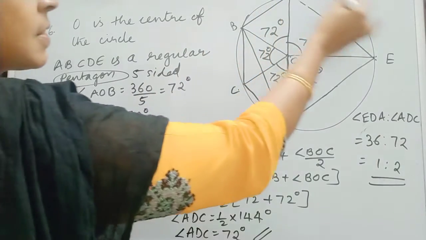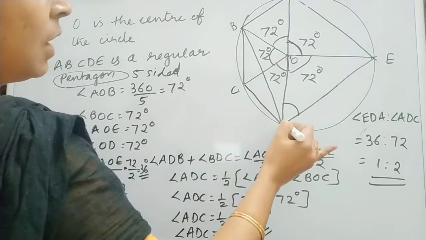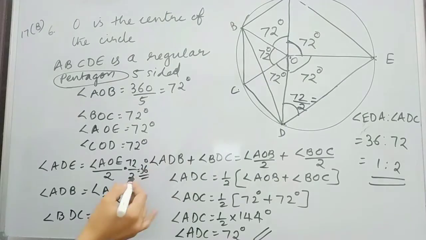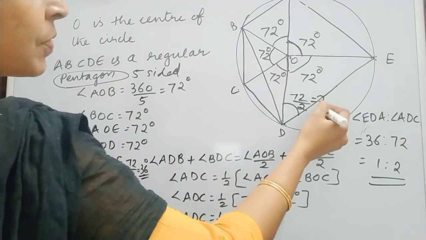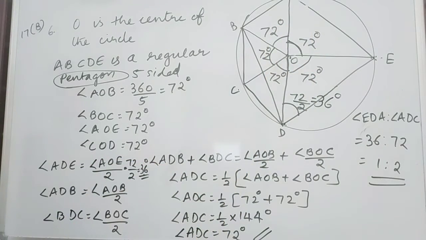AE is the segment, AOE is 72, then ADE will be 72 divided by 2, which is equal to 36 degrees. ADE can be written as angle EDA also. ADE is the same as EDA. So, ADE is equal to 36 degrees.